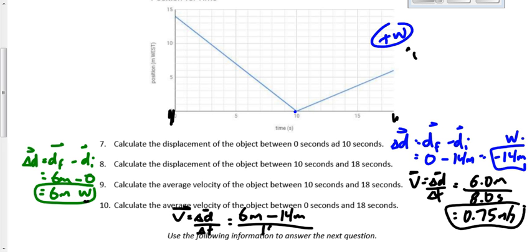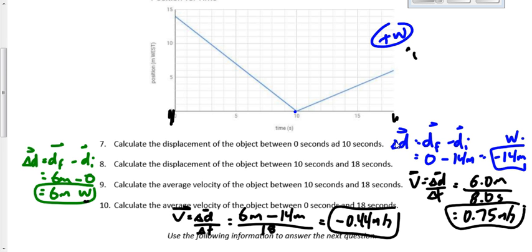So it's negative 8 divided by 18, which is negative 0.44, which is to the east, right? Good. You guys okay with those?